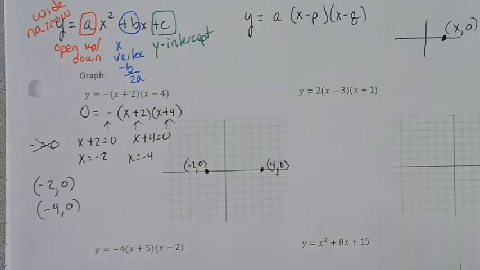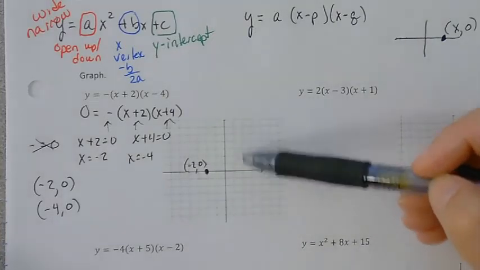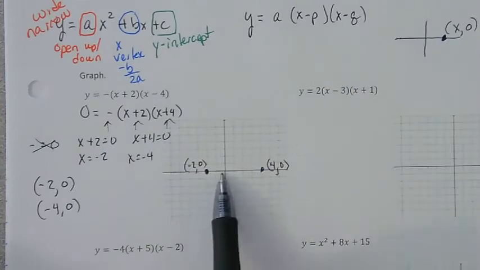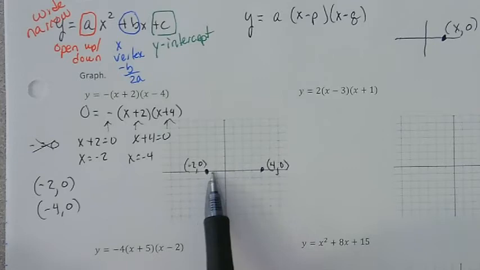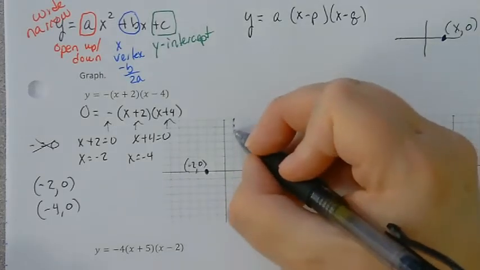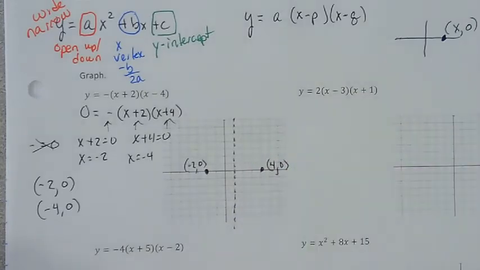Some of you might already be thinking that you know that a parabola is symmetric. So I know that these 2 points lie on both sides of the line of symmetry. And if it's symmetric, the axis of symmetry has to be somewhere in here. So I have 1, 2, 3, 4, 5, 6 units in here. So if I go halfway across, so 3 units in between, I can find my axis of symmetry.